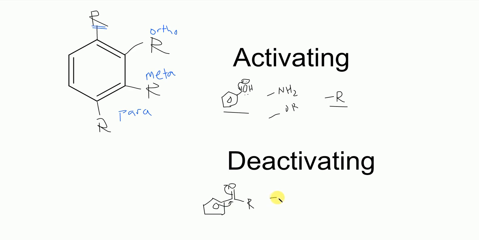You have things like SO3H, or we have NO2, or we have CN.